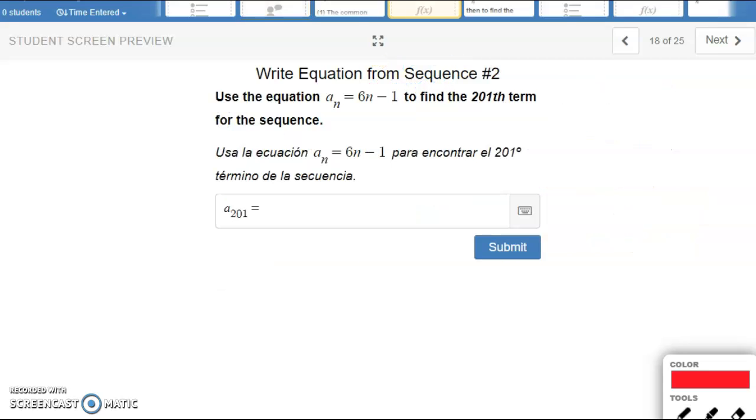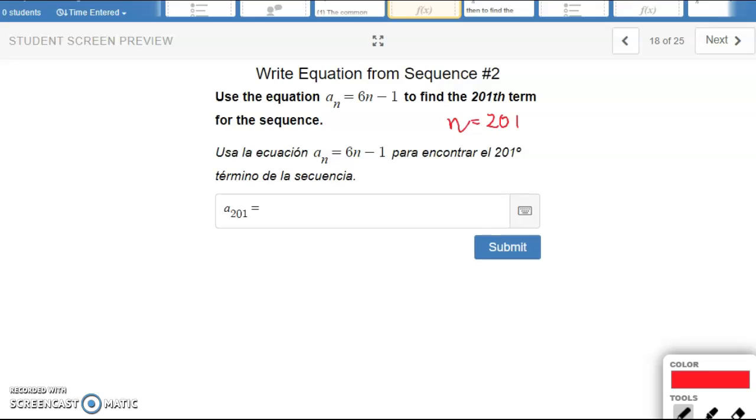Okay, now card number 18 is use the equation that we just derived, A sub n is equal to 6n minus 1, to find the 201st term for the sequence. In this case, what we are interested in is when n is equal to 201.